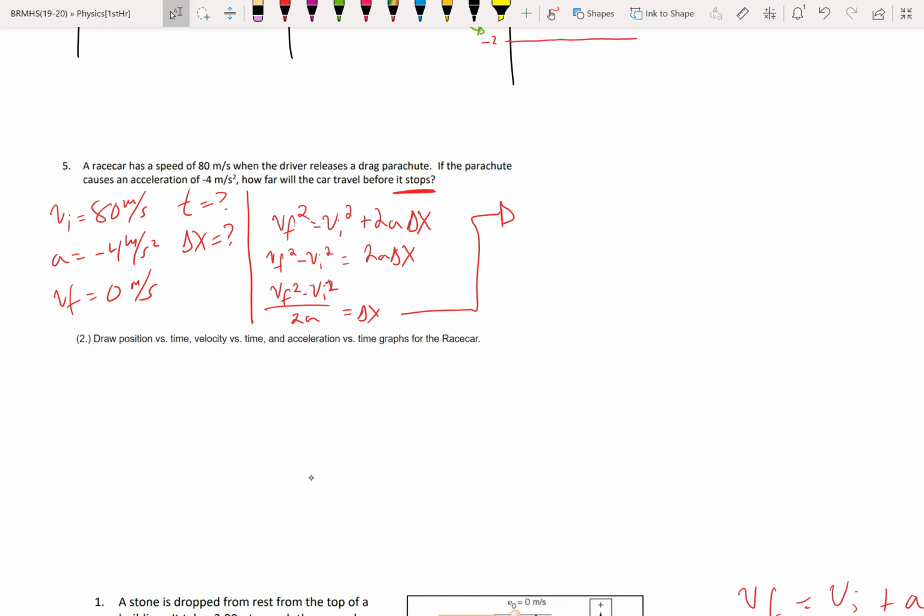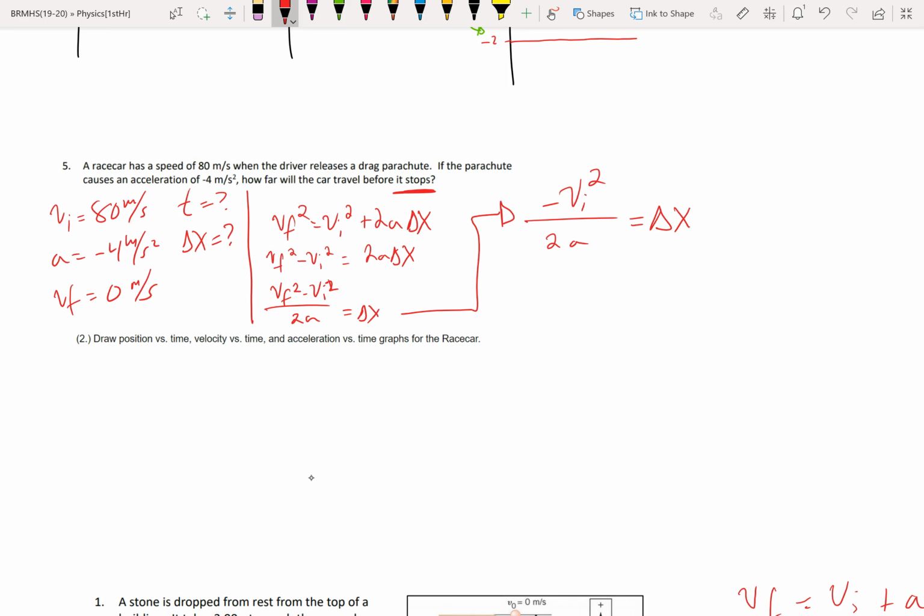Final velocity is 0, so I've got minus Vi squared over twice a, because it's 0 minus Vi squared, so I have negative Vi squared. Twice the acceleration is downstairs, and there's delta x. Okay, we're isolated, simplified, because Vf is 0.